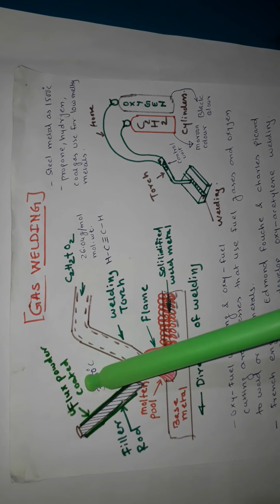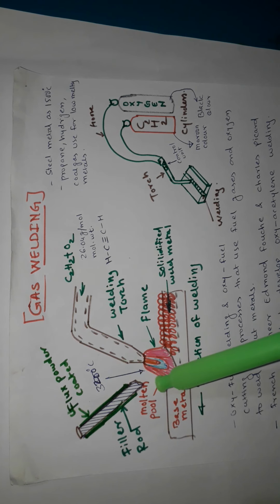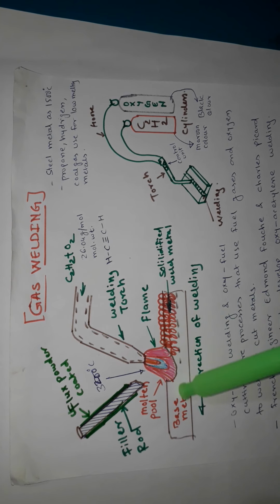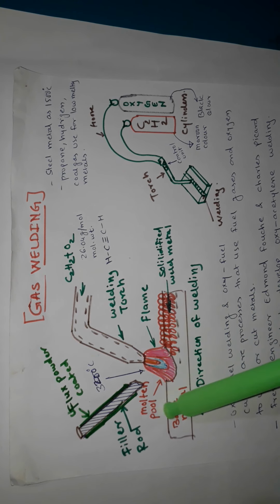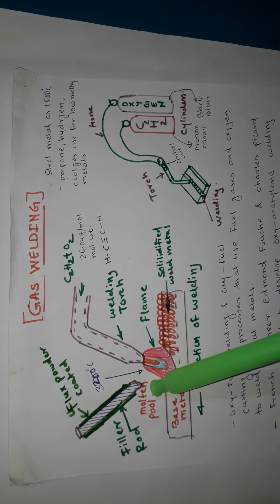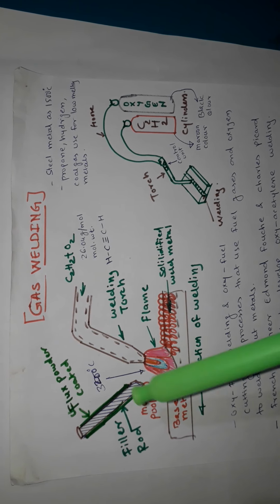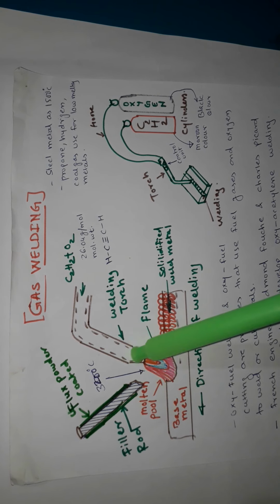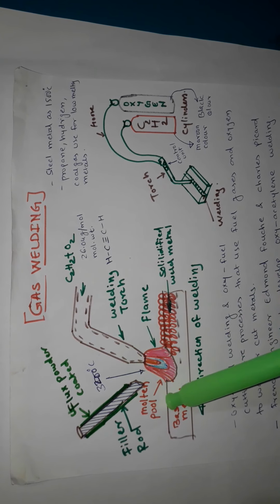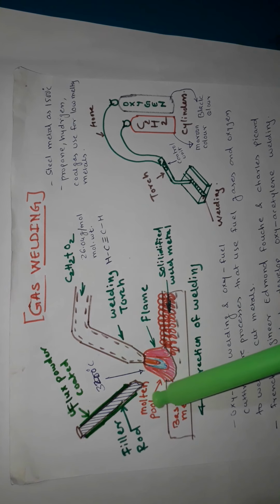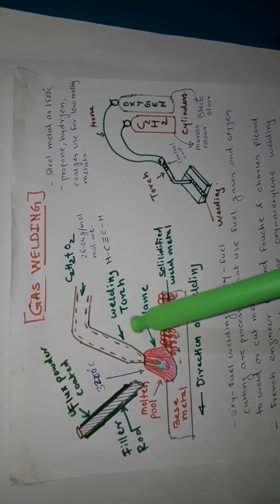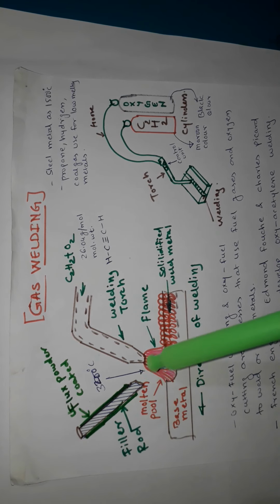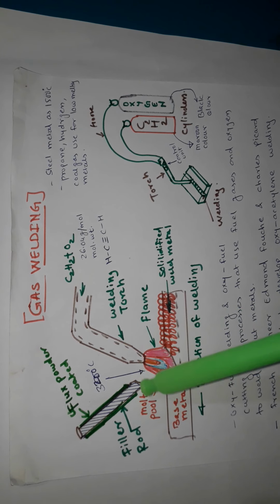The use of flux is, first, to remove the oil and dust particles which are present on the base metal, otherwise they will act as residuals. And next, the flux powder creates a shielding over this molten pool, so that atmospheric air should not rush in during the welding.